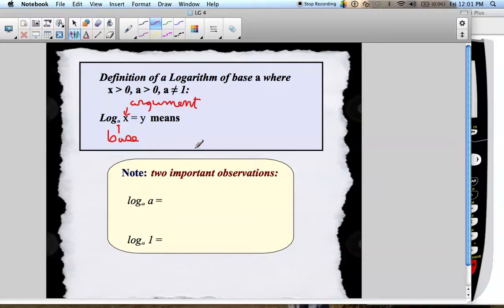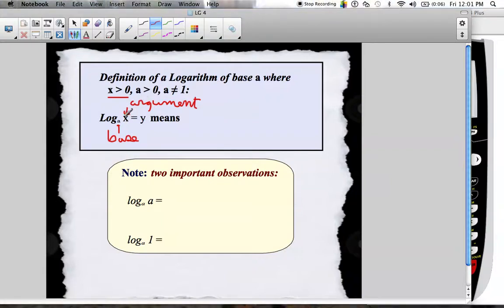Now, when you're looking at logs, you have to look at these two because there's restrictions. And we found out earlier, just a few slides ago, that when our argument was a negative, we could not get an answer. So that's why we have this restriction. The argument, or x, has to be greater than 0.